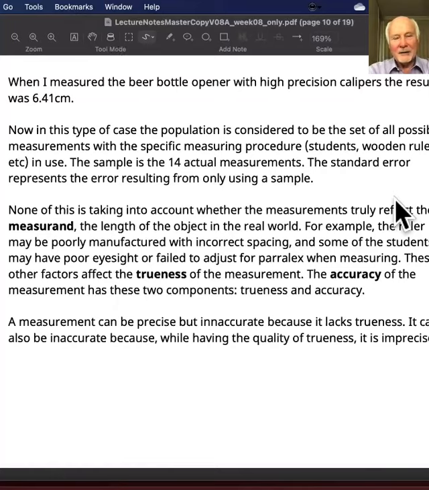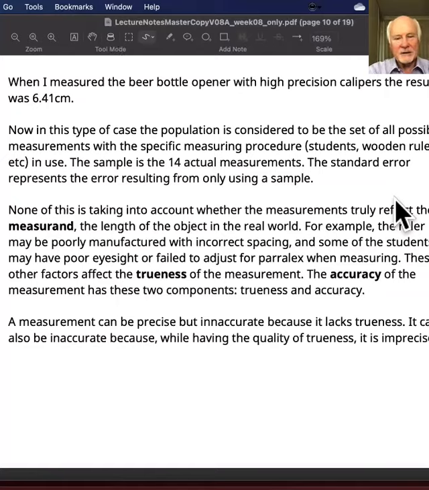The 14 measurements that resulted would be thought of as a random sample or a representative sample from an infinite number of possible measurements that could be made using that procedure.